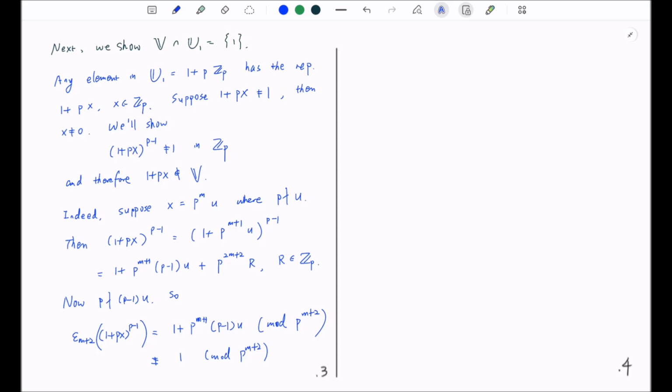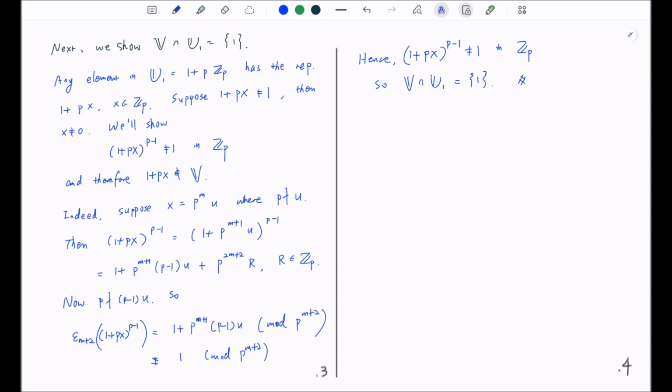This tells us this element cannot be equal to 1 in Zp, because otherwise all components of it must be equal to 1 in Zp, in particular this component. Hence (1 plus px) raised to the power p minus 1 is not equal to 1 in Zp. So their intersection must be trivial.